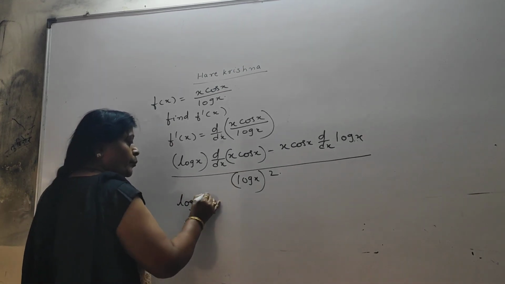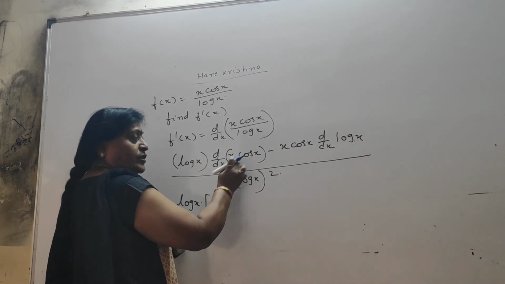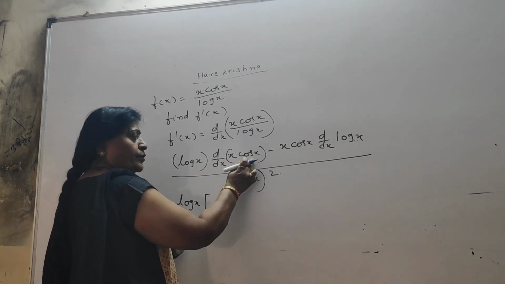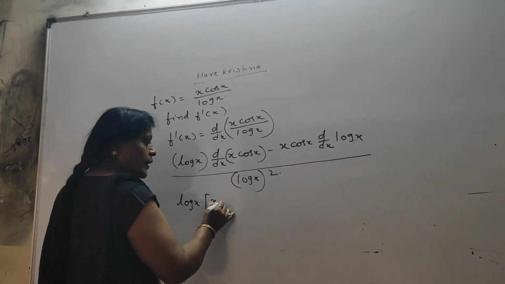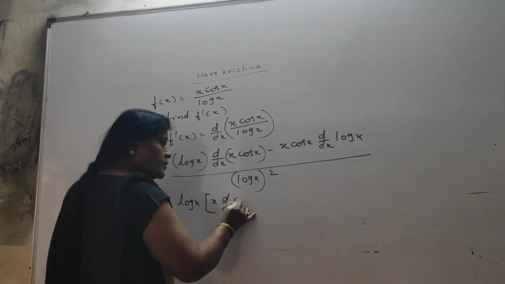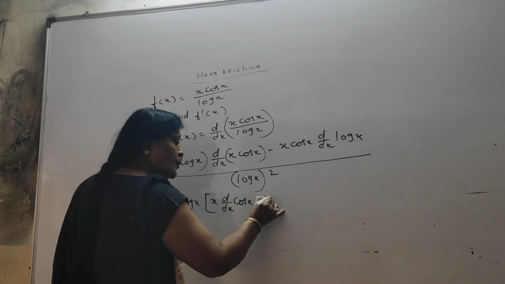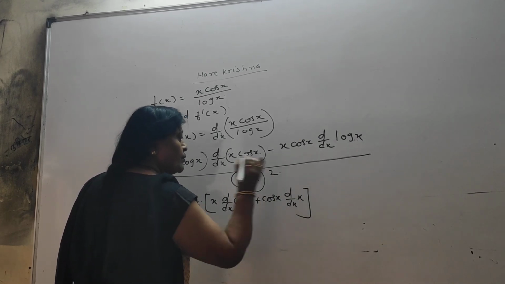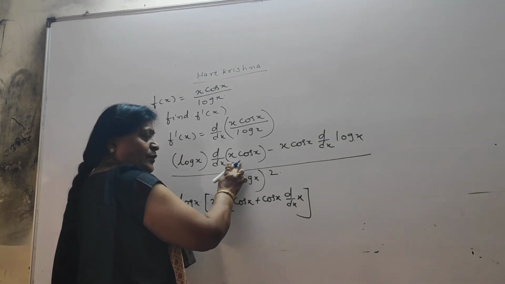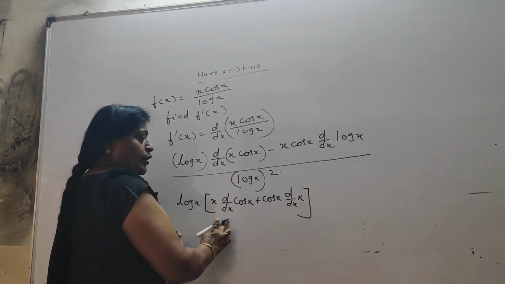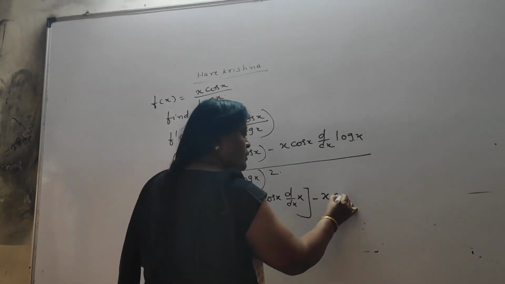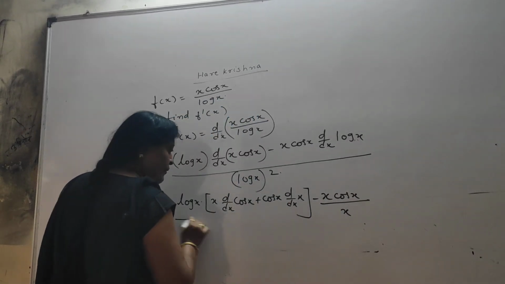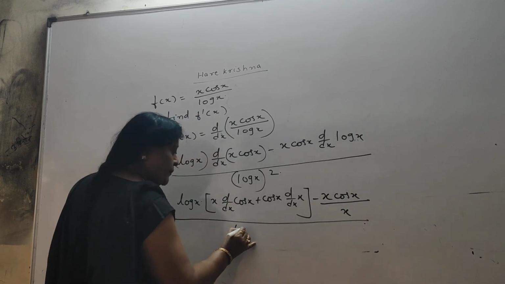Here please be attentive. Now what you have to do, x cos x means here there is a multiplication of two functions, apply the product rule. Again x remains as it is, take d dx of cos x, plus cos x remains as it is, take d dx of x, and the bracket closes. You have to write the expansion, the derivative of x cos x in bracket here, minus x cos x remains as it is, and the derivative of log x that is 1 by x, divided by log x whole square.